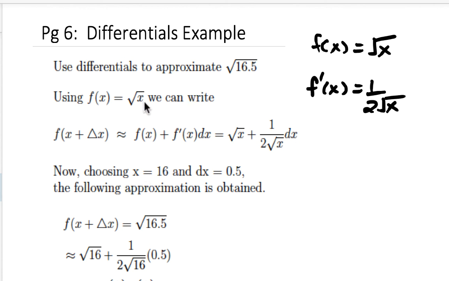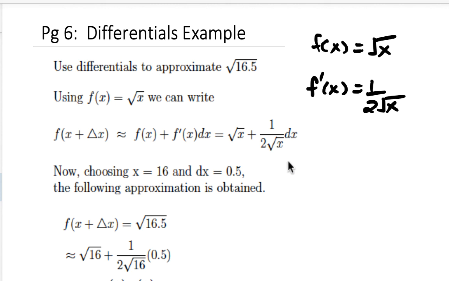Now remember these values, because we're approximating 16.5. We're going to take x to be 16 and dx, which is the change in x, to be 0.5. So f(x) plus delta x is the square root of 16.5. Plugging in the values, x is 16, so this is square root of 16 plus 1 over 2 square root of 16 times dx, which is 0.5.